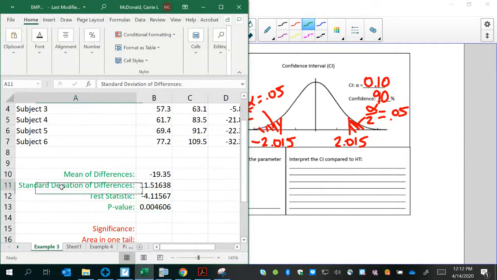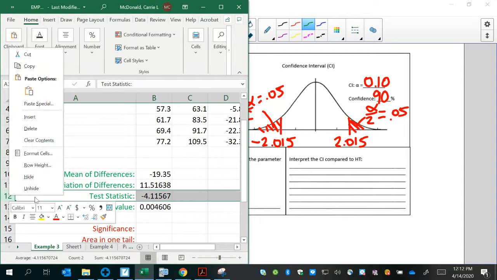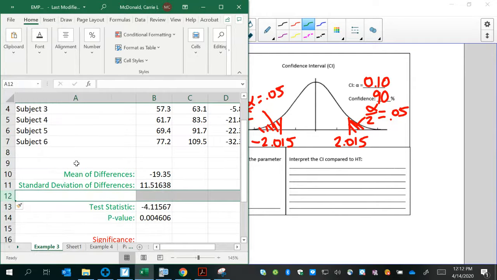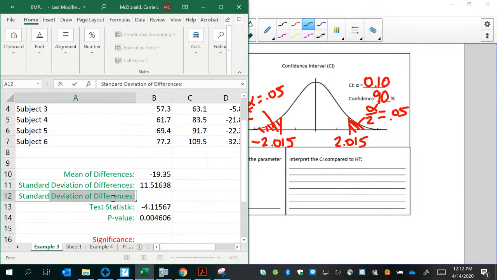So here's the standard deviation of differences, but the standard error, let's make another little space specifically for the standard error. This is different than the margin of error. This is the standard error by the central limit theorem, which is the sample standard deviation divided by the square root of n, which here was 6.